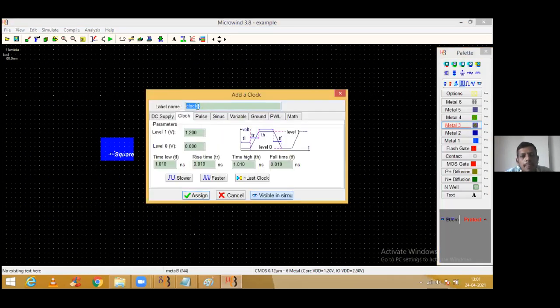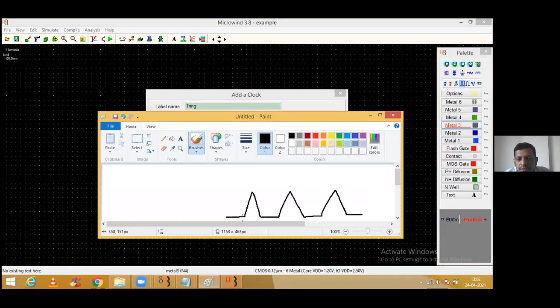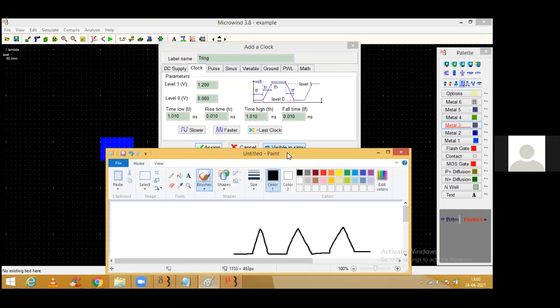I will call it triangular. Okay, guys, how should it look? It should look like this. He specifically mentioned that whatever triangular you design, it should look like this. How can you design it? What factors do we need to change? I hope I am audible and everybody is with me. Yes, sir. What we need is TR equals TF.